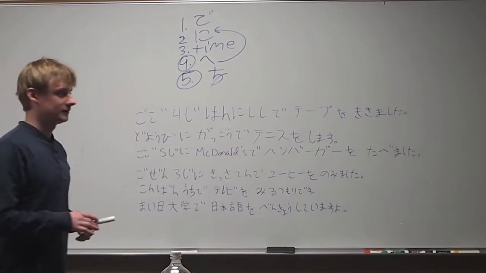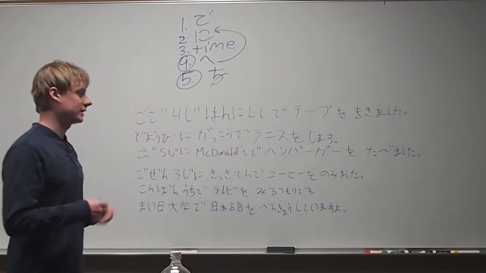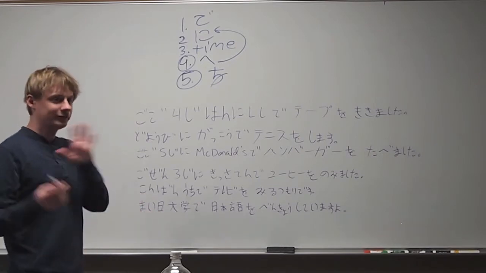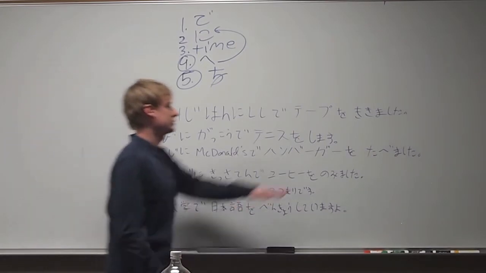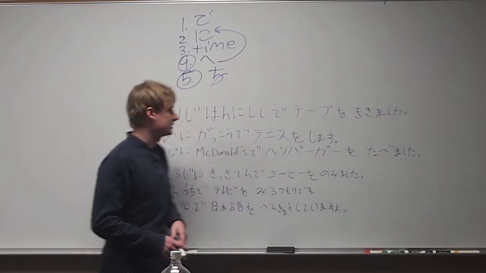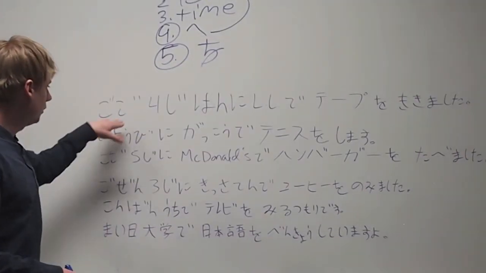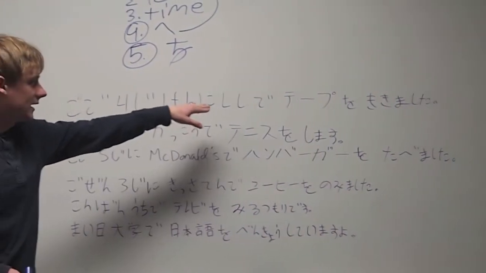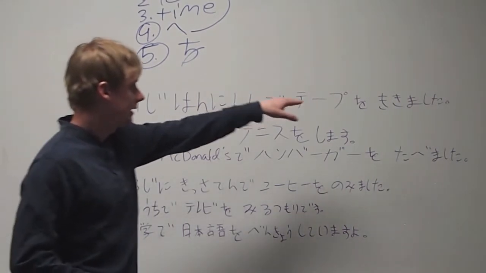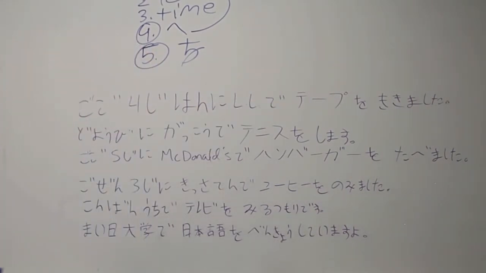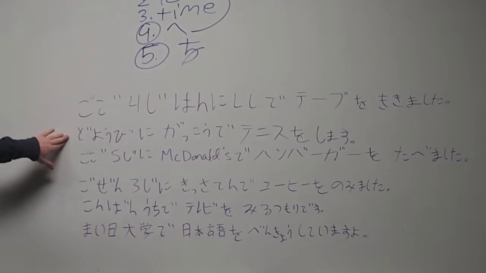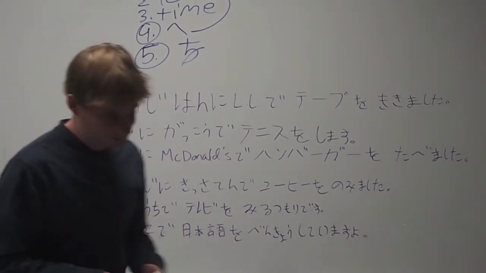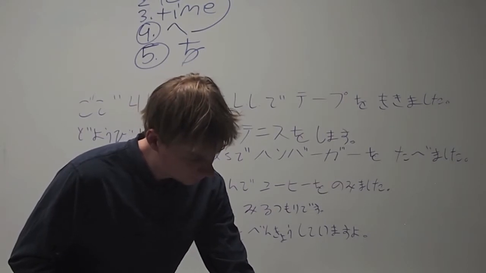Tape o kikimashita. Good. Or kikimasu. You haven't learned kikimashita, so pretty much all we're going to learn is kikimasu. But yes, that is good. Gogo yoji han ni tape o kikimasu. Okay, good. So how about number two, I guess? Yeah, number two.